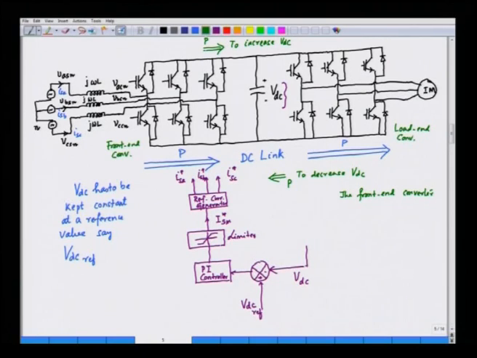So, we can say that the front end converter should have bidirectional power flow capability.